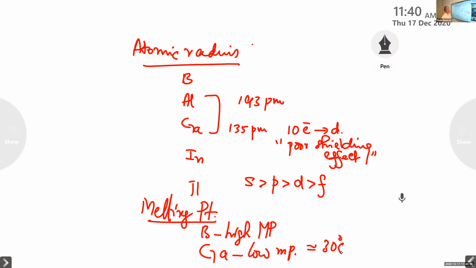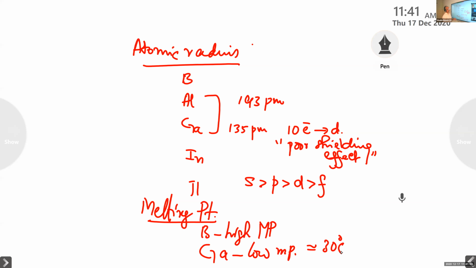It melts, because the body temperature is 37 degrees Celsius, while the melting point of gallium is only 30 degrees Celsius. Similar is the case with cesium also, the alkali metal cesium.